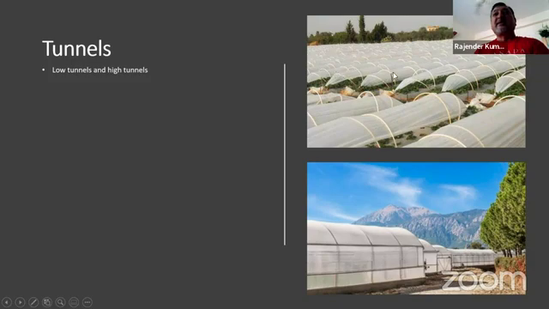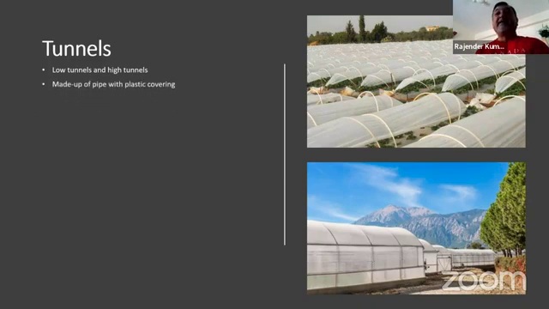Low tunnels, if you see my cursor here, are installed for winter production of either strawberry or some crops like cucurbits in Punjab, Haryana, or Western UP. But if you are planning some very high-value crops, then you need to raise the height. So we call these high tunnels.